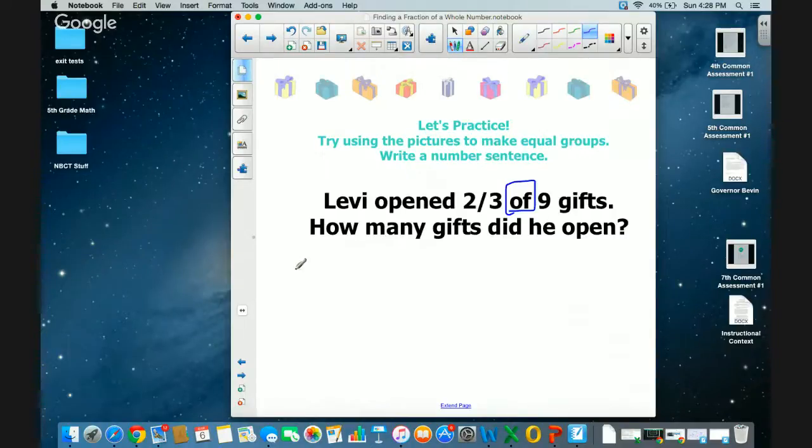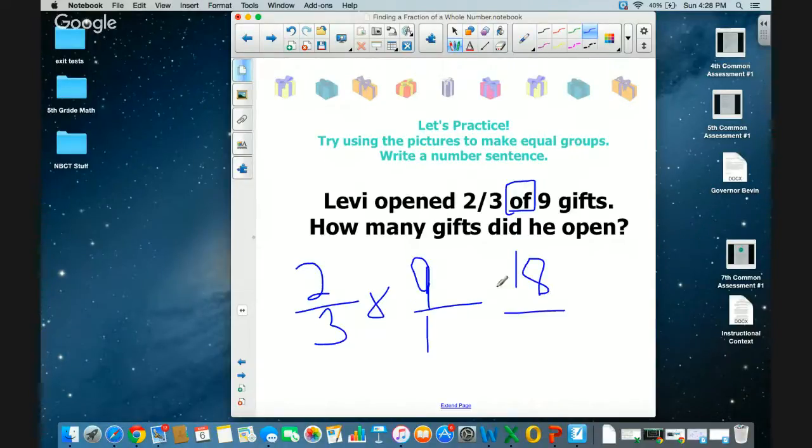So you should have done 2/3 of 9. And since that is a whole number, you should have put that over 1. So 2 times 9 equals 18, and 3 times 1 equals 3.